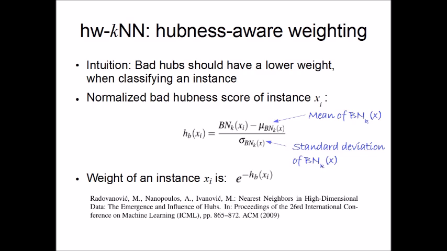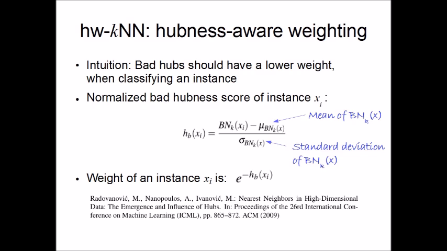Subsequently, we calculate the average and standard deviation of BNk(x) for all the instances, and then we can calculate the so-called normalized bad Hwknn score of an instance, as you can see in this slide. Then, this normalized bad Hwknn score is used to calculate the weights of the instances.